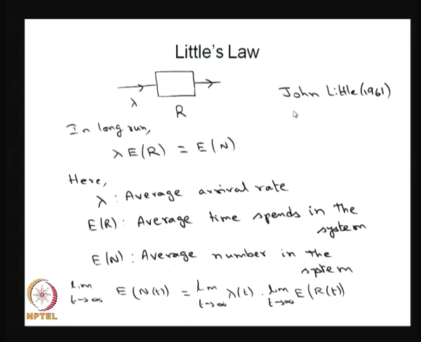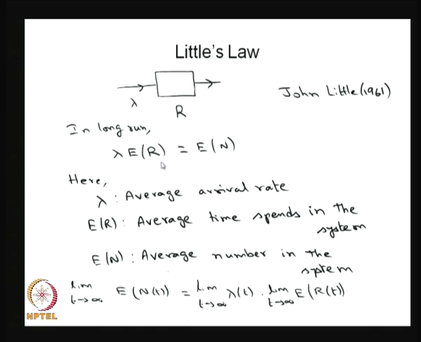This is valid for any system in which arrivals come with arrival rate lambda, and R is the time spent in the system before leaving the system after the service or whatever is over. Then in the longer run one can say the arrival rate multiplied by the average time spent in the system is the same as the average number in the system.